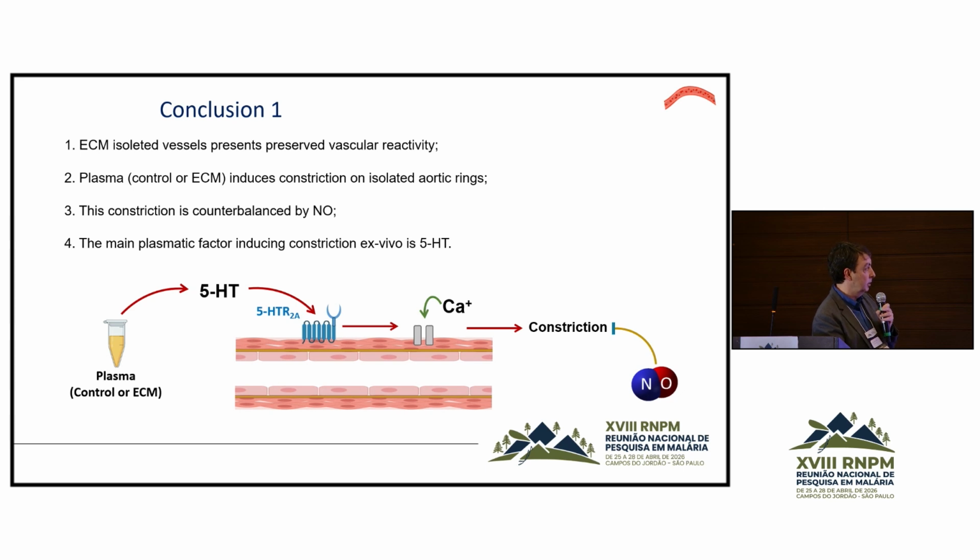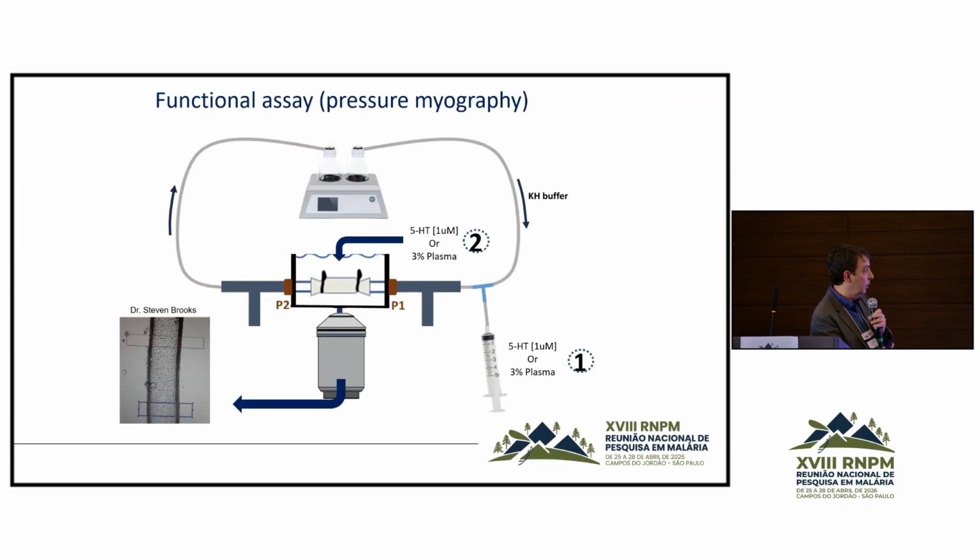They are preserved, and if the plasma are inducing the constrictions on isolated aortic rings, the constriction is counterbalanced by the nitric oxide, and the blamed plasmatic factor inducing constriction ex vivo is the serotonin.